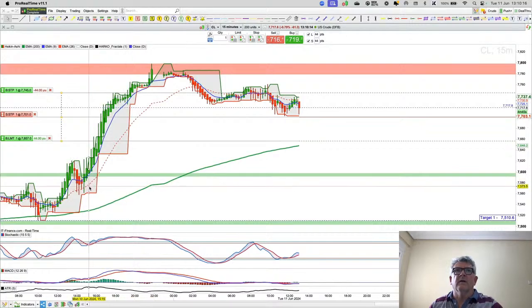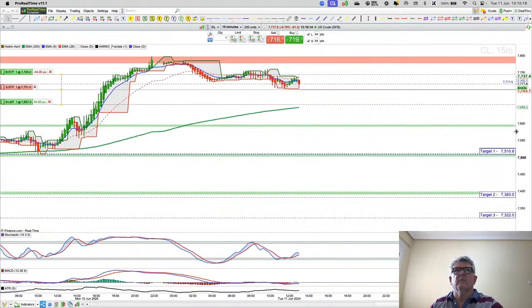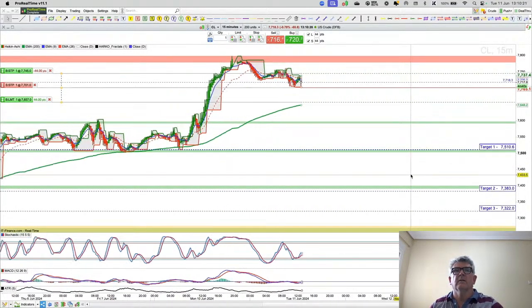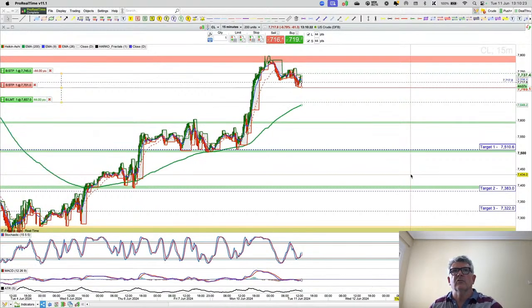And we'll take that all the way back down to target 1 again that we've been down to before.